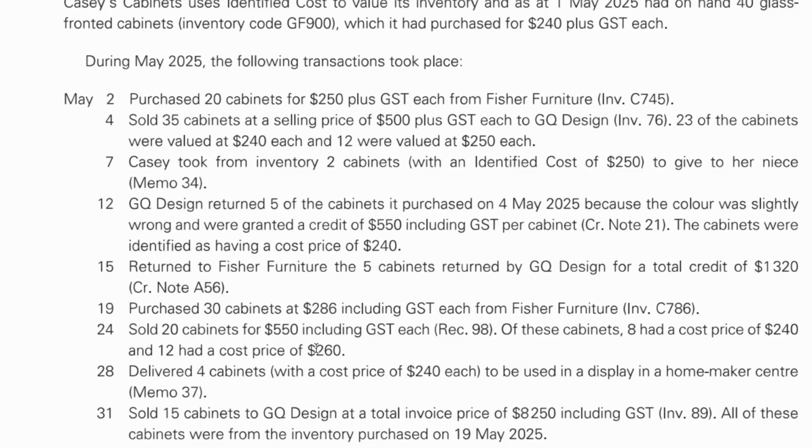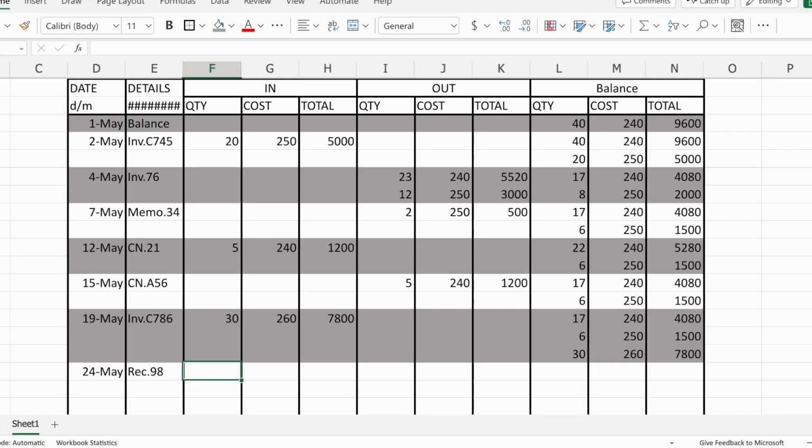So obviously when you sell as a business, they sold 20 cabinets, right? For 550. Of course, there's no inventory with a value of 550. And the additional piece of information is that of these cabinets, 8 had a cost price of 240 and 12 had a cost price of 260. So let's record that.